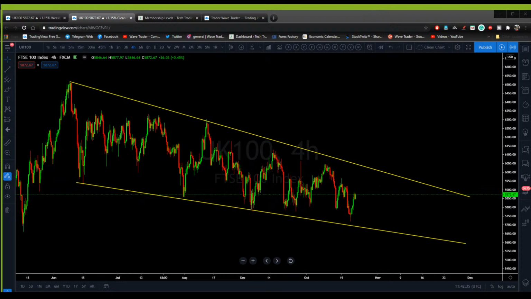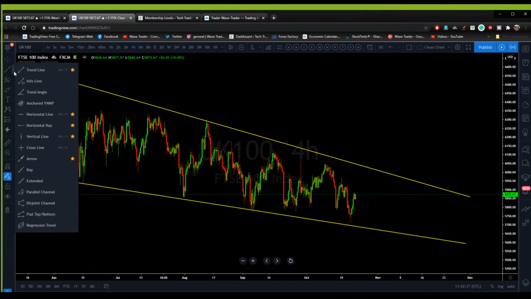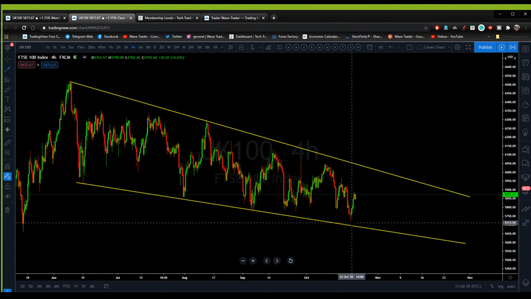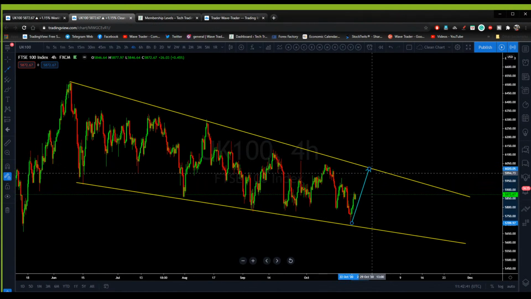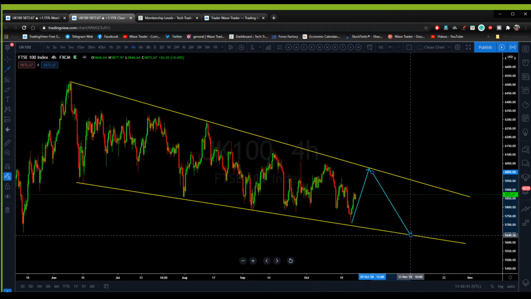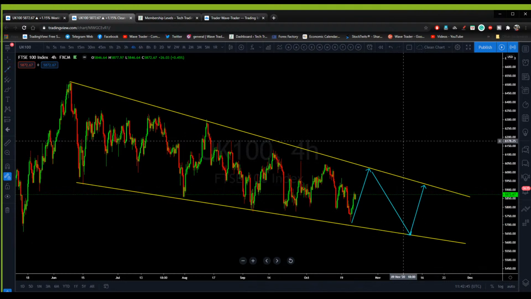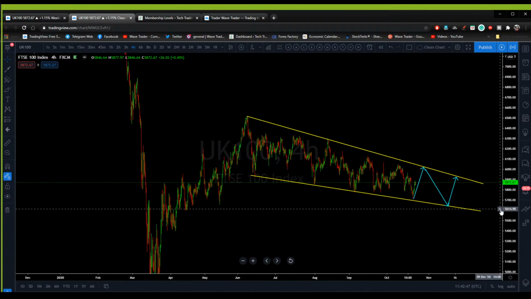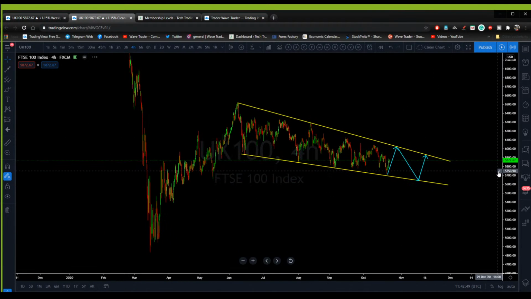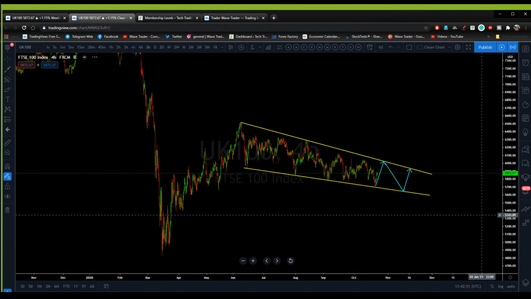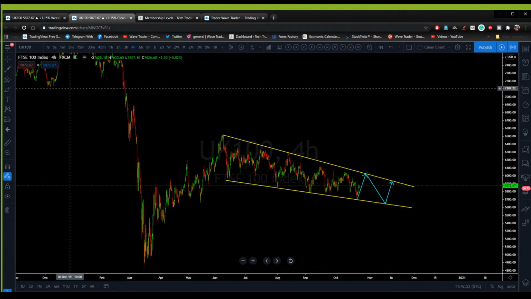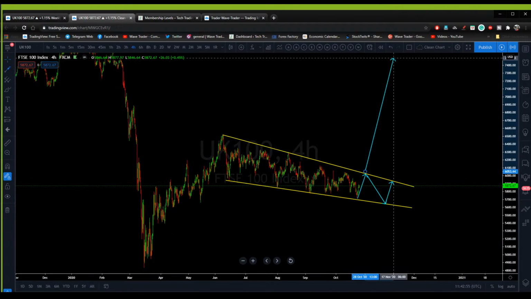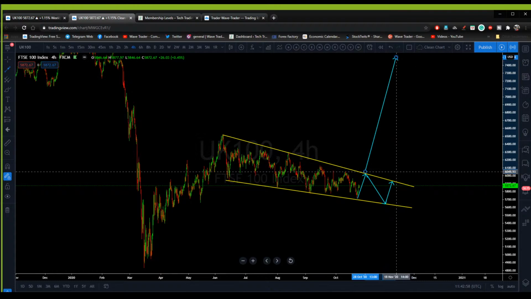Let me put a proper structure over there. So this is what you're looking at: this wedge or flag to break out to the upside, that move back to the previous high.